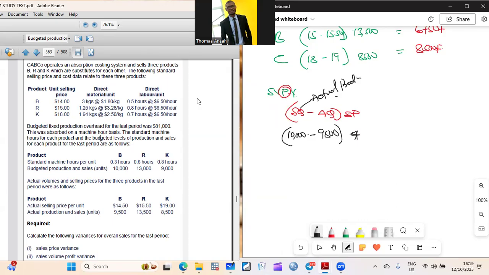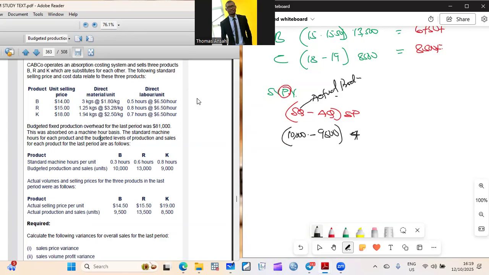10,000 multiplied by... Where did you get the 1 from? Did they tell you the standard quantity for one product, did they give it to you in the question?